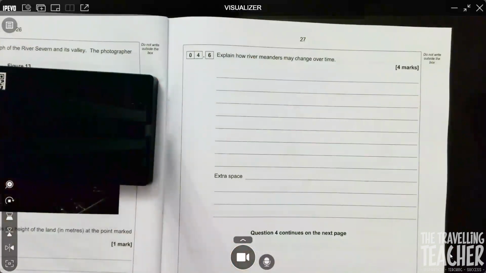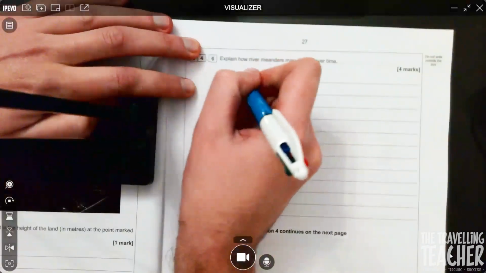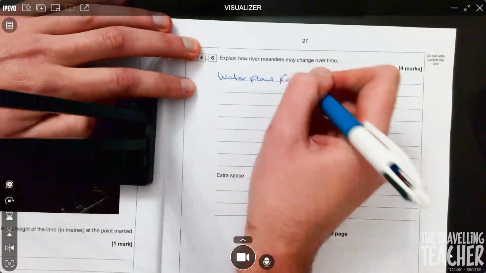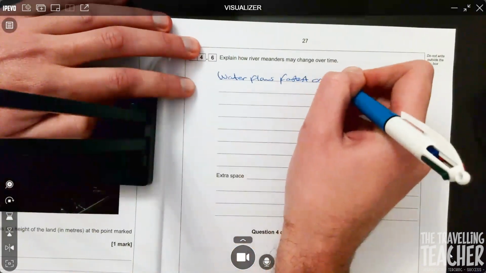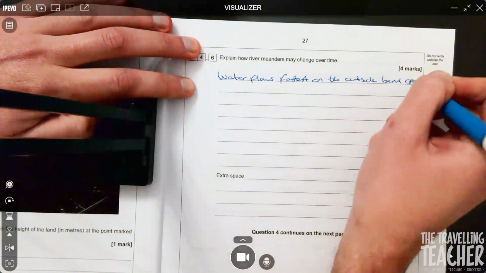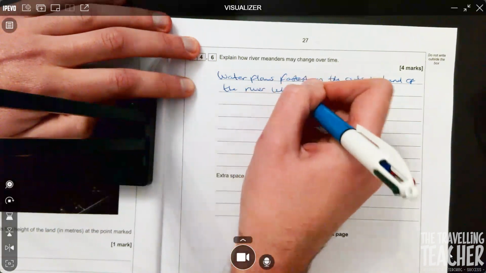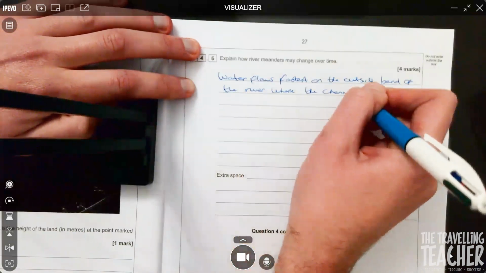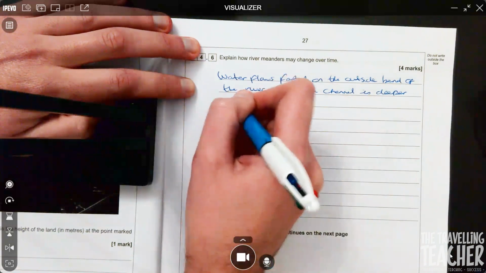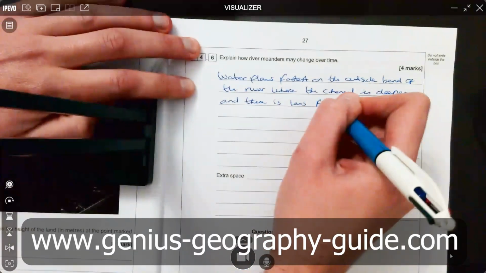4.6. Explain how river meanders may change over time. Water flows fastest on the outside bend of the river, where the channel is deeper and there is less friction.